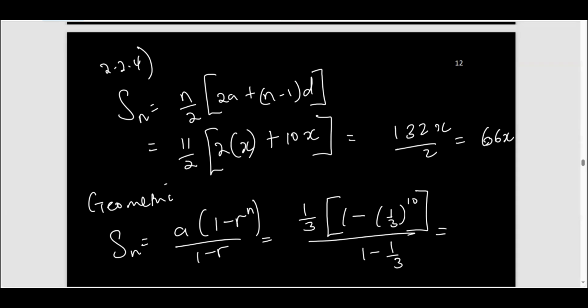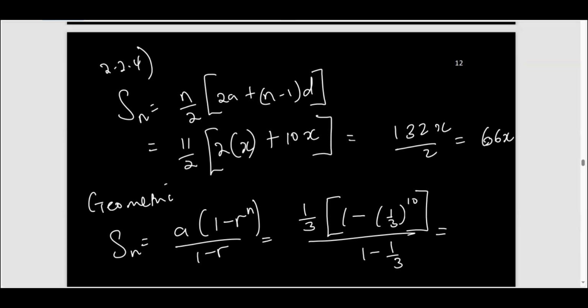Okay, let's just punch this directly because there are no unknowns here. So 1 over 3. Come on, my calculator, don't betray me, please. Okay, so 1 minus 1 over 3 to the 10, over, this is going to be 2/3 now.